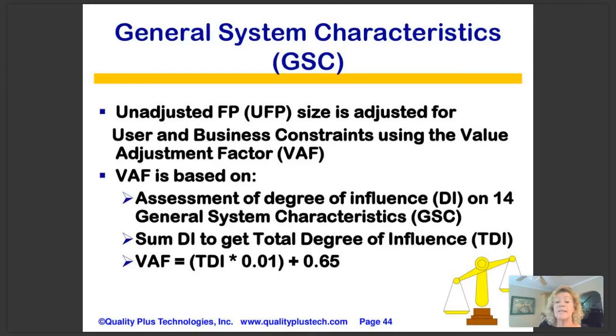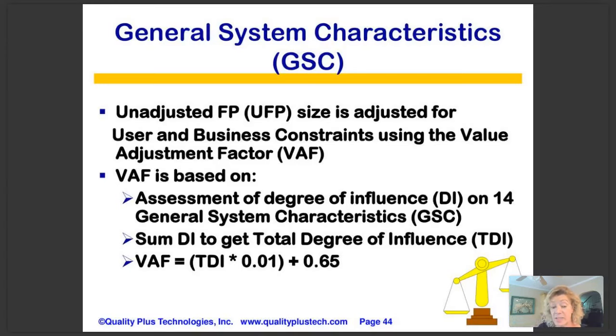So if I said, what's the degree of influence? You'd need to know that that is a number between 0 and 5 that I evaluated for a general system characteristic. So we add up, we total the degrees of influence across all 14 characteristics to get what's called the TDI, or total degree of influence. That's just the sum of all of those 14 characteristics.